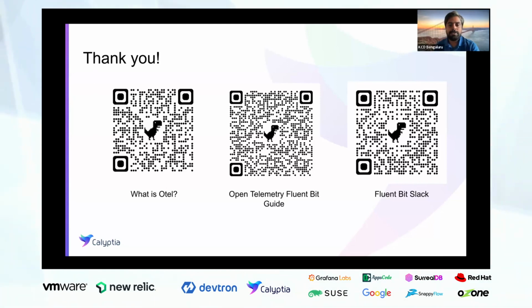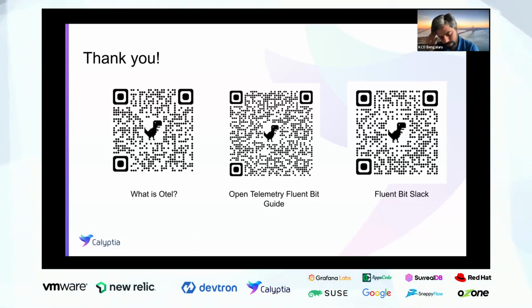If you want to know more, these are QR codes. You could take a screenshot or scan it from your phone. There's What is OpenTelemetry, the OpenTelemetry Fluent Bit guide, and the Fluent Bit Slack. If you want to join the Fluent Bit Slack, it's very popular, with some 25,000 people on it. We run the Slack, so you can talk to us and ask questions.